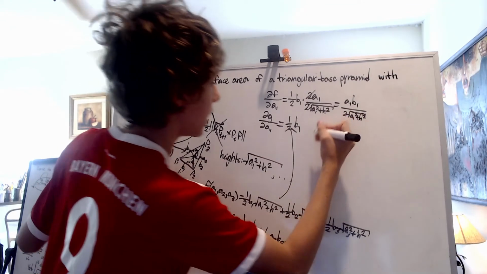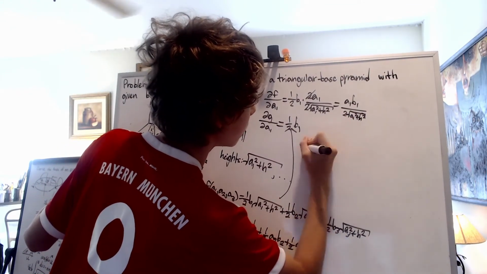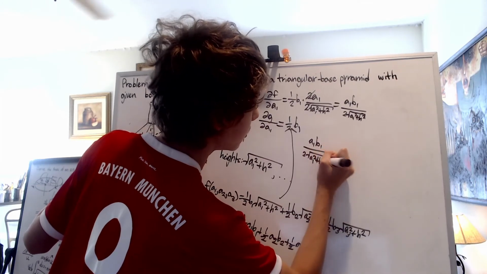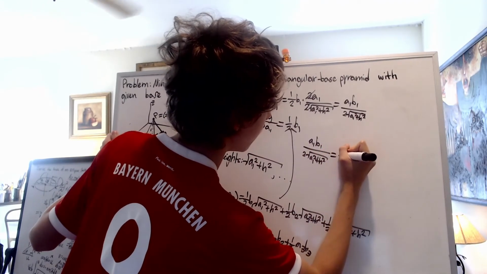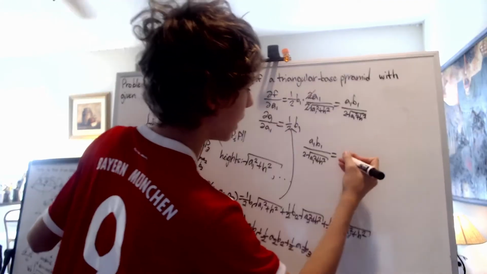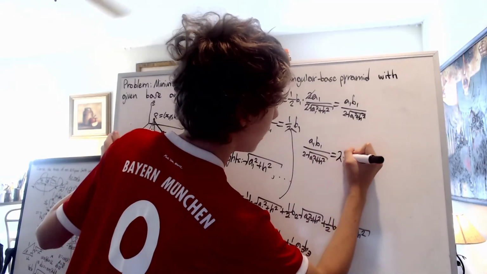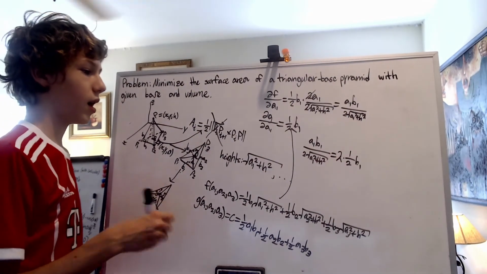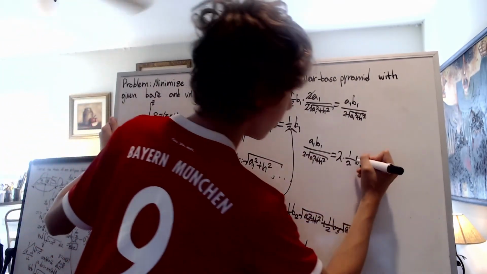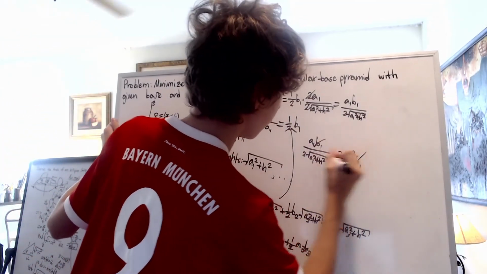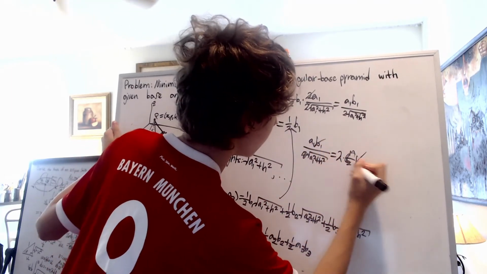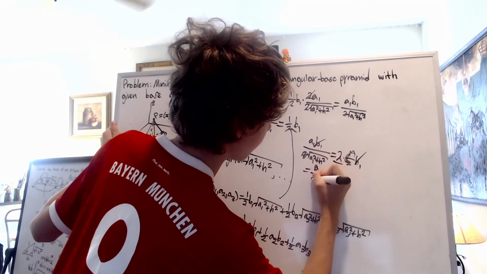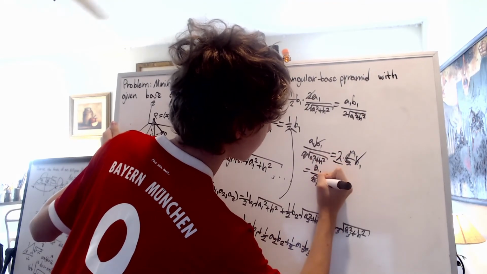So we're just going to set a1 b1 over 2 root a1 squared plus h squared equal to lambda times 1/2 b1. But since b1 and all bi are non-zero, we can cancel the b1 and cancel the 1/2. So we get that lambda is just equal to a1 over the square root of a1 squared plus h squared.